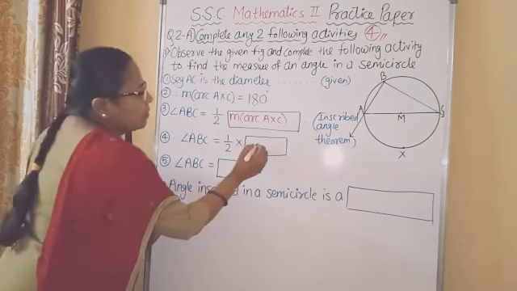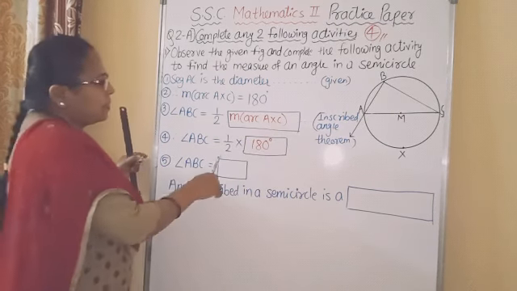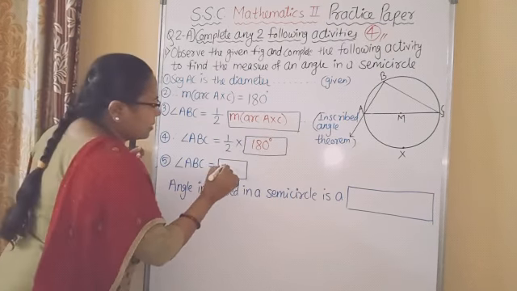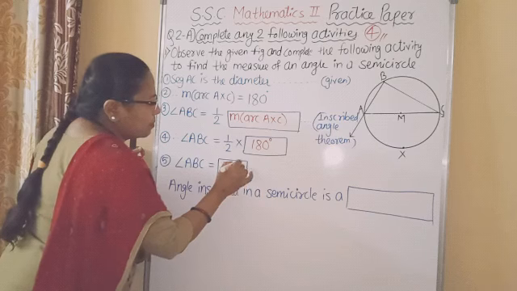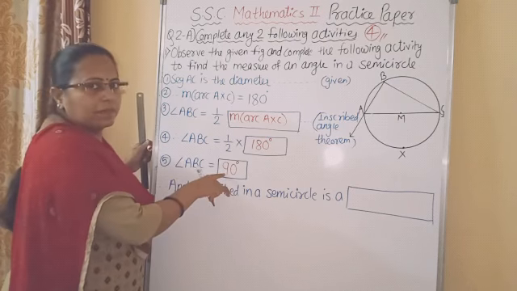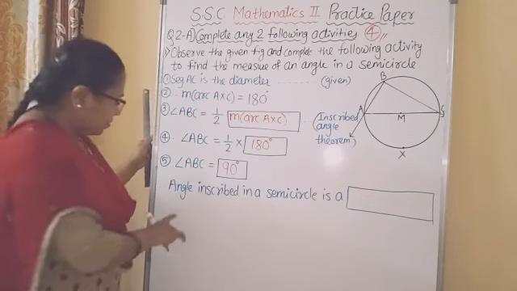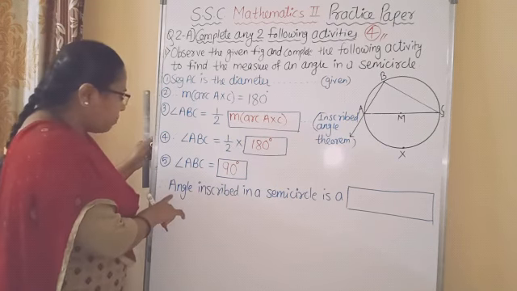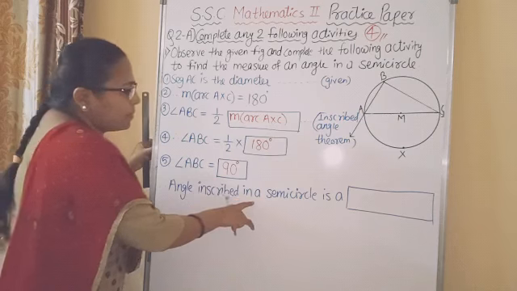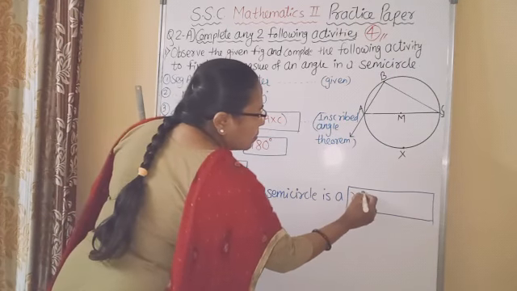So you have to put this value here, 180 degrees. Then half of 180 degrees is 90 degrees. So angle ABC is equal to 90 degrees. And 90 degrees means it is a right angle. So last step, therefore the angle inscribed in a semicircle is a right angle.